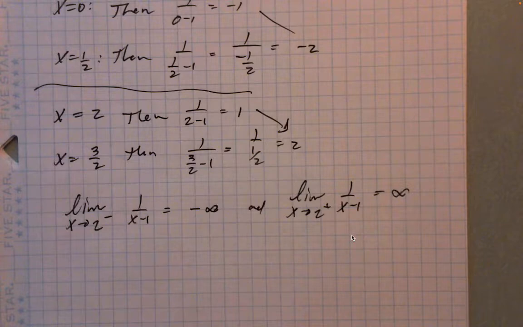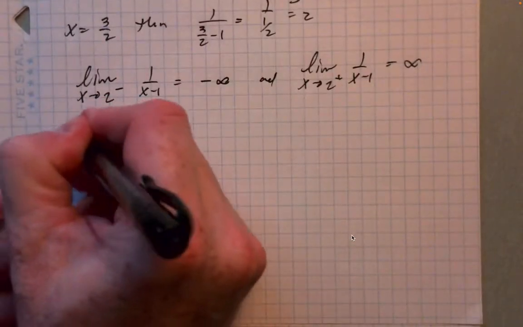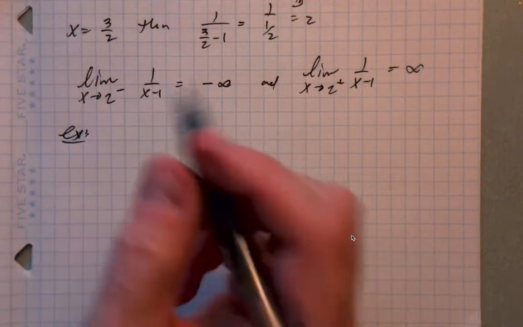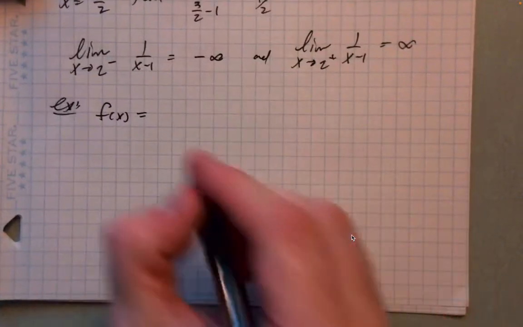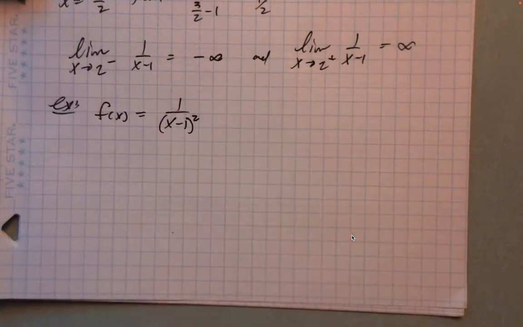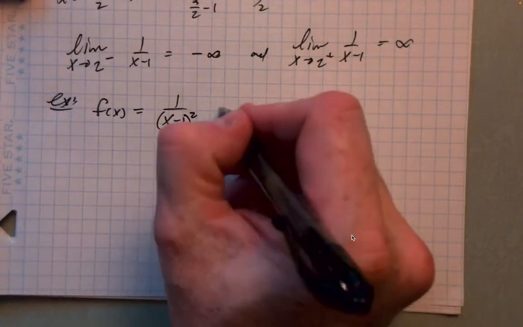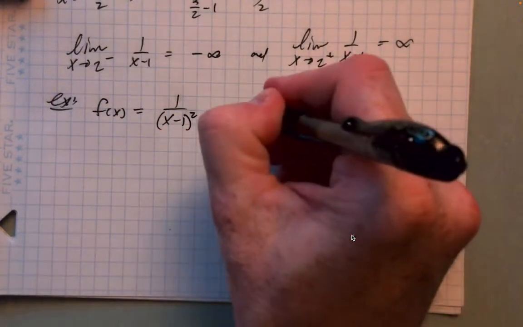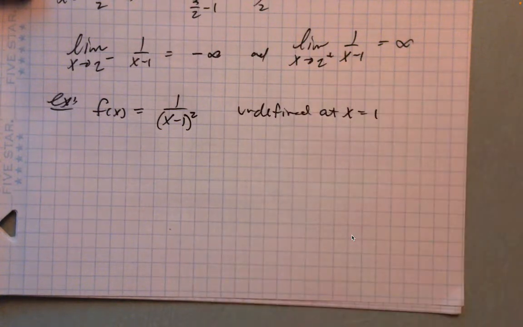Okay, another example similar to this. Let's take a look at f of x equals 1 over x minus 1 quantity squared. So obviously here the function is undefined at x equals 1.